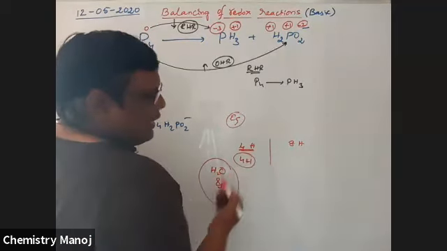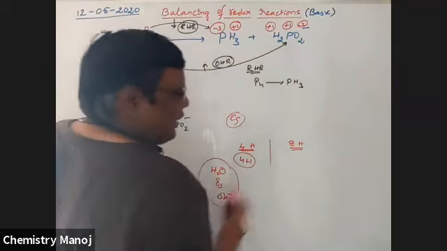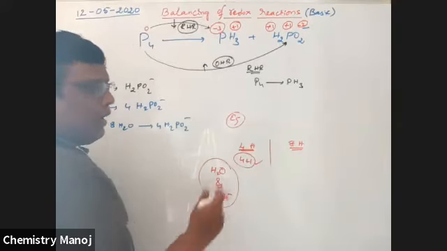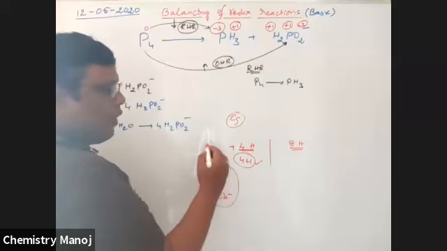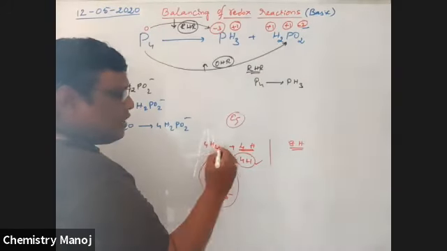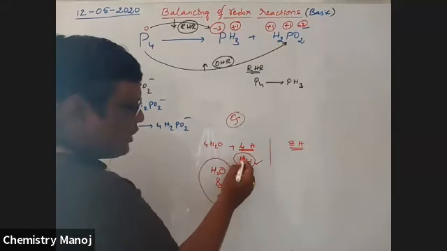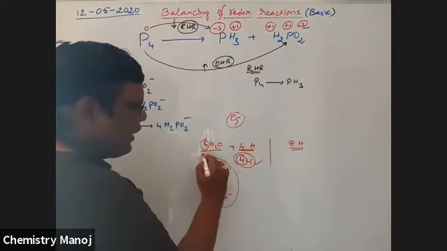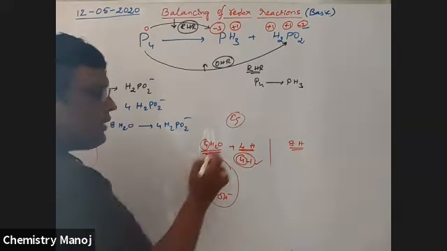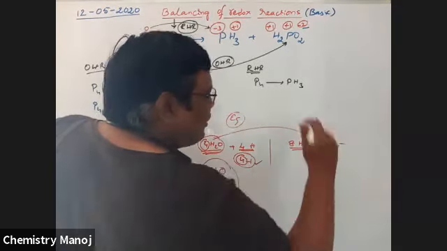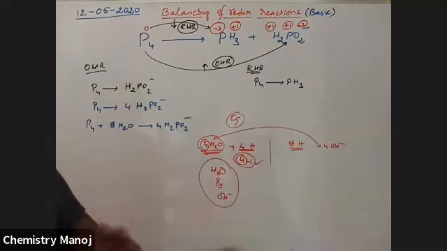4 hydrogens LHS, 8 hydrogens RHS, 4 hydrogens required in this direction. Add water molecules on the side where the hydrogens are short, the required number of water molecules. 4 hydrogens are short, so 4 water molecules are added on the shortest side. At the same time, that many OH minus ions are added on the opposite side.